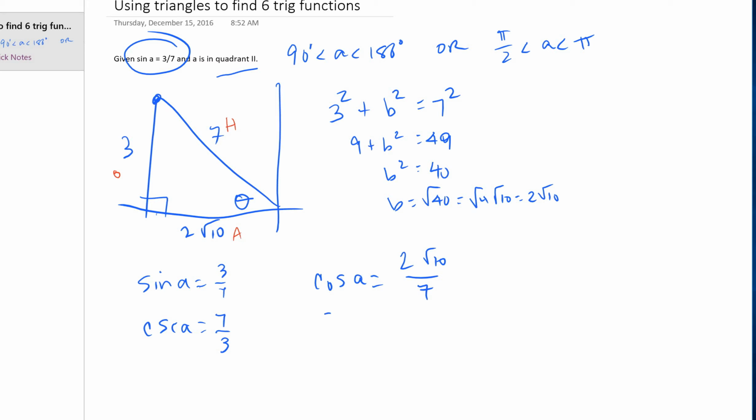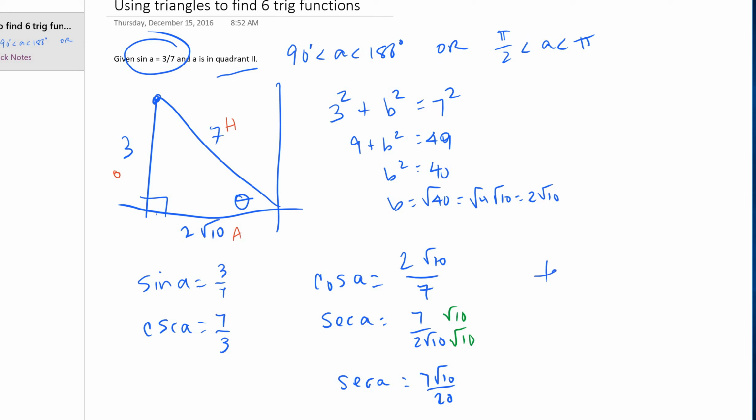Meaning that the secant is 7 over 2 square roots of 10. I can simplify that by multiplying top and bottom by square root of 10. And we get that the secant of A is equal to 7 square root of 10 over 20. 10 times 2 is 20.